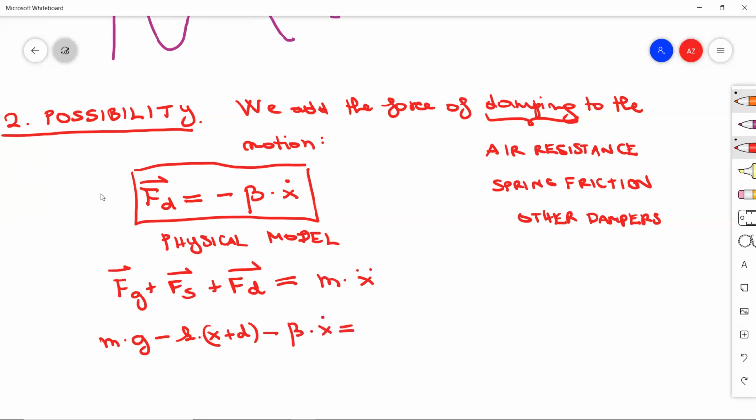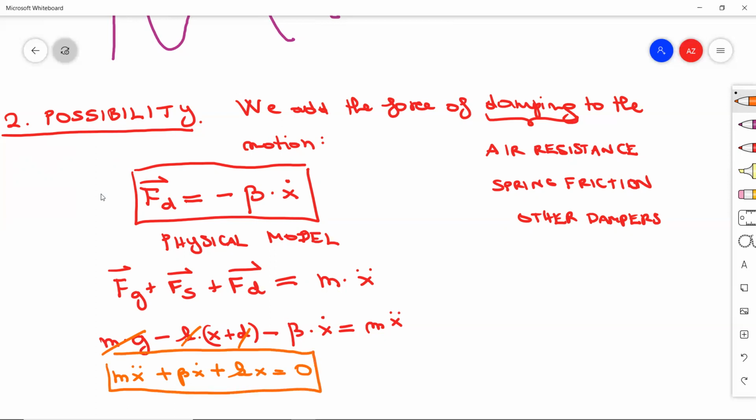And this is equal to m x double prime. Again, subtracting, canceling mg with kd gives us the differential equation m x double prime plus beta x prime plus k x is equal to 0. So this is our second order differential equation.